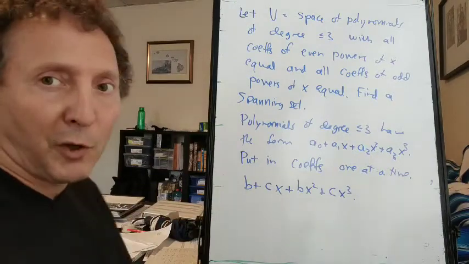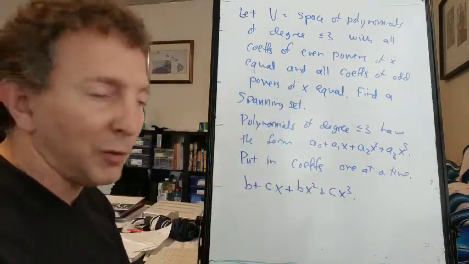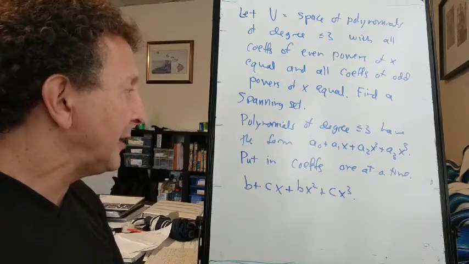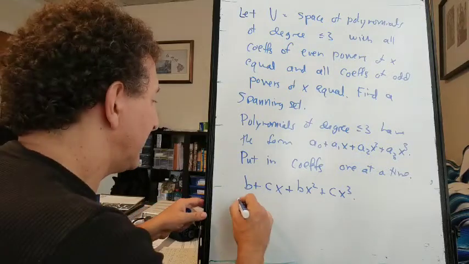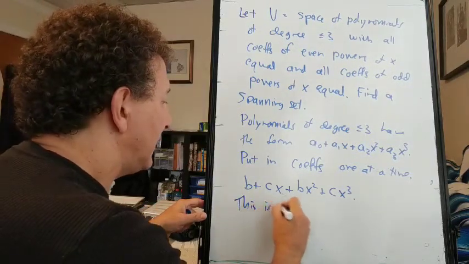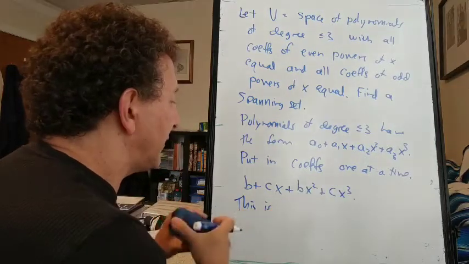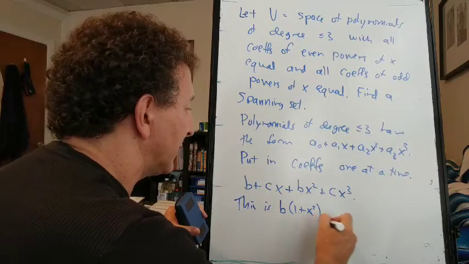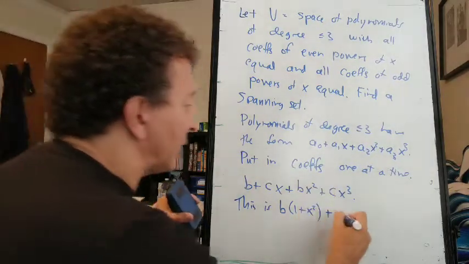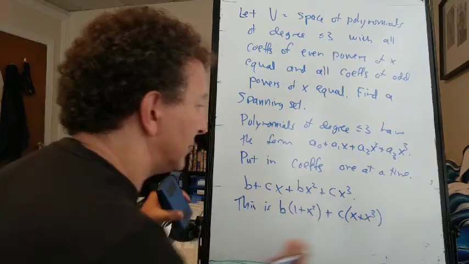So when you've put the coefficients in one at a time, obeying whatever conditions you have to obey, you take them out one at a time: b is multiplying 1 plus x squared, and c is multiplying x plus x cubed.